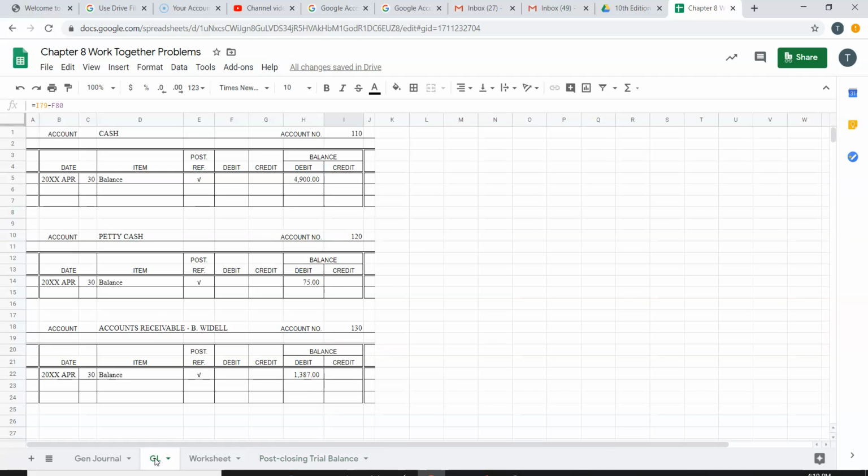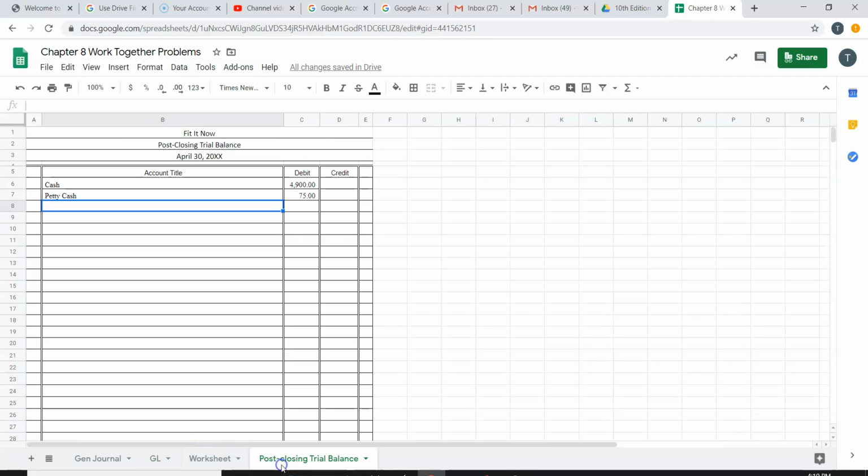Next, I have accounts receivable for B. Wydell or Whittle. It has a debit balance of $1,387. You want to make sure you type out the complete account title, don't abbreviate. So this is accounts receivable.